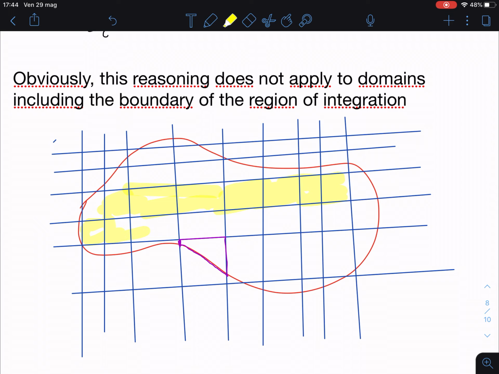For instance, also this holds here, here, here, and here, here, here. Okay, also this one here, this one here. Okay?